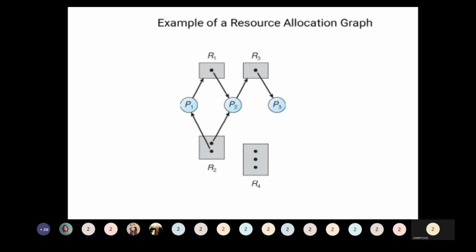If the directed edge is from resource to process, that means that particular instance of the resource has been allocated to that particular process. If the directed edge is from process to resource, then it is a request edge. Here R4 has three instances, but it has not been requested by any process, nor is it assigned to any process as per this resource allocation graph.